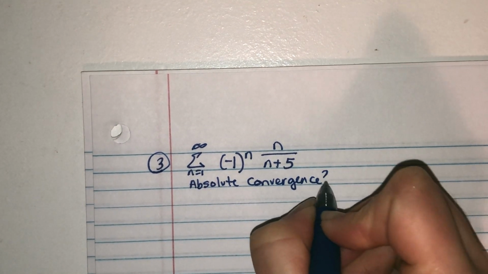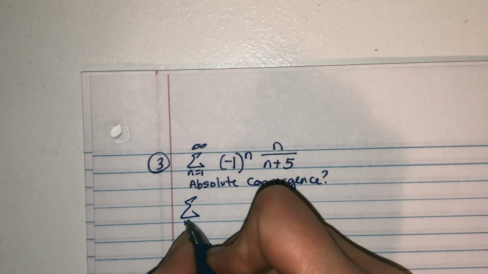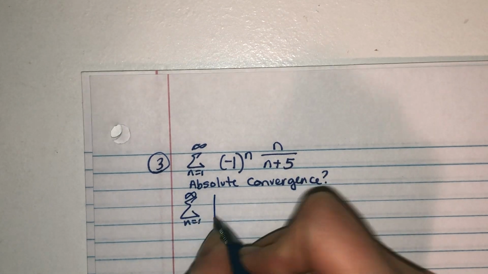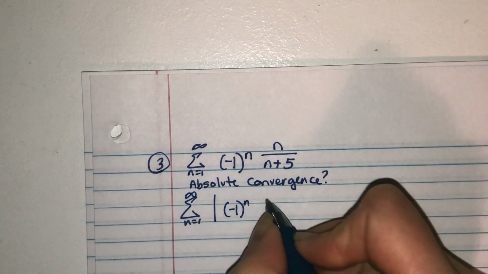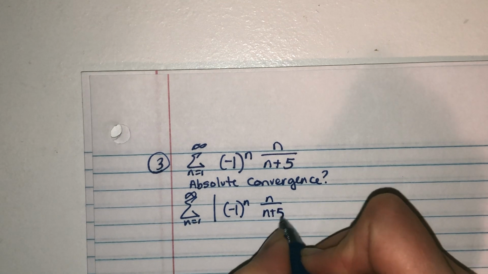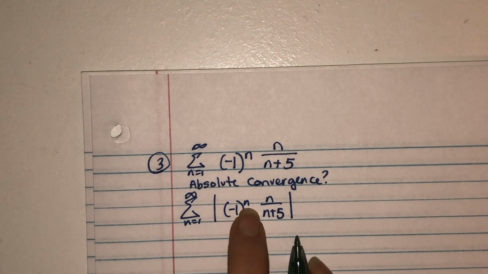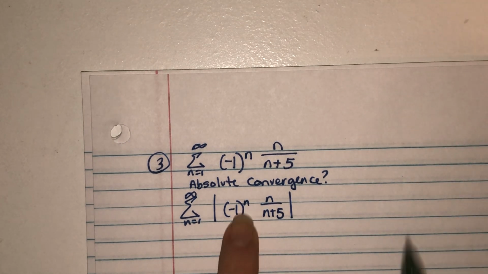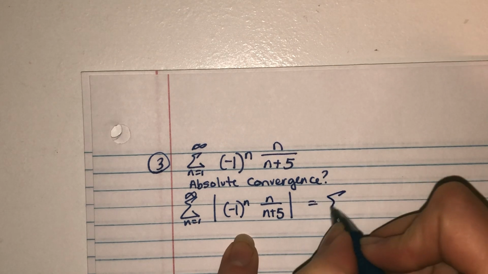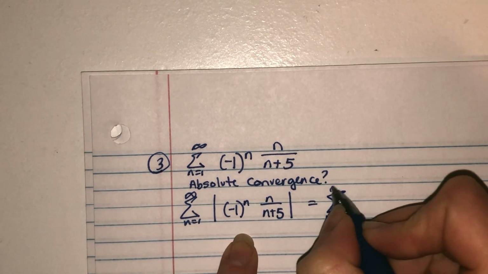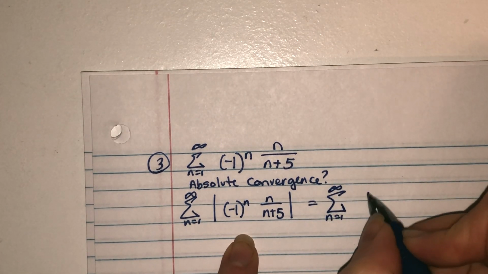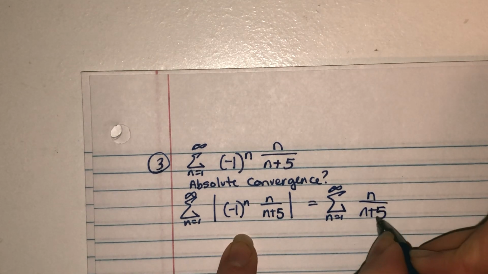How do we do that? Well, we're going to look at this series where our series rule here is in absolute value bars. Now, how is that going to change? Well, the -1 to the nth power will no longer cause the series to flip back and forth between positive and negative because it's always going to be positive. So that could just come out, and it's just going to be n over n plus 5.